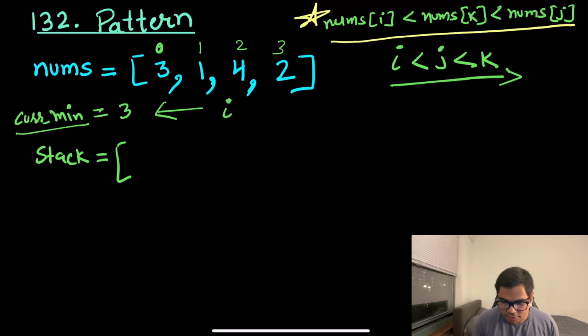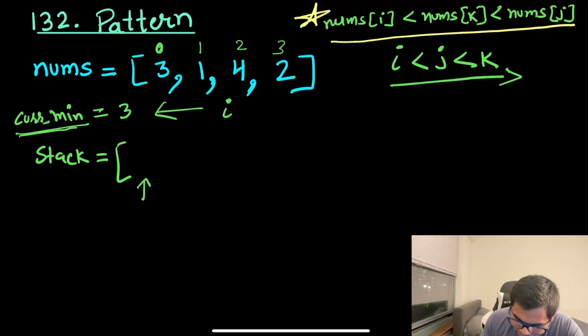What are those 3 values? nums[i], nums[k], and nums[j]. And this condition I will check how. So this current minimum is the i that I'm trying to find out. And here in my stack, I want to have values stored in decreasing order.